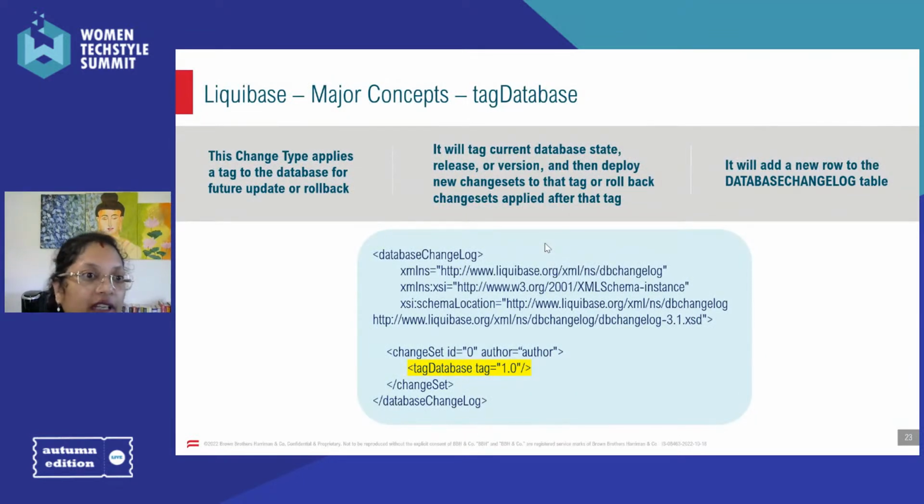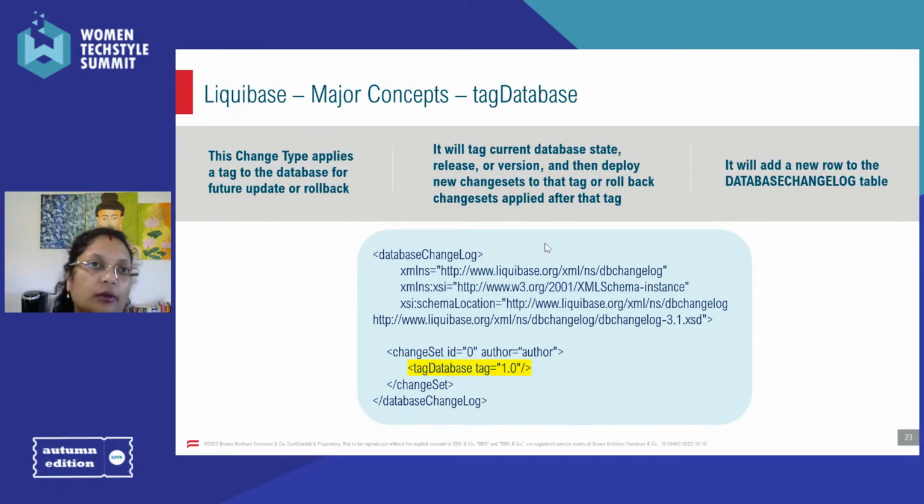Now, what is the concept of tagging a database? This change type applies a tag to a database, so that it can be used for further updates or rollback. It will basically tag the current state or version of the database, and then you can deploy new changes to that tag, or roll back changes that were applied after that tag. And it adds another row in this database change log table.